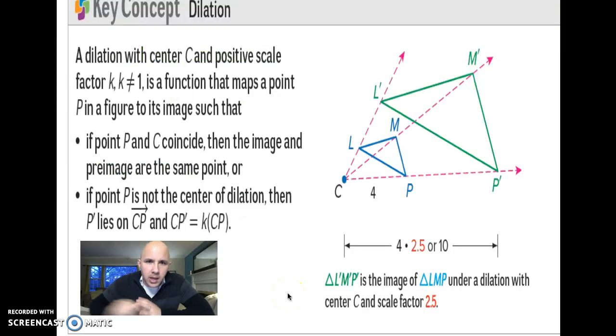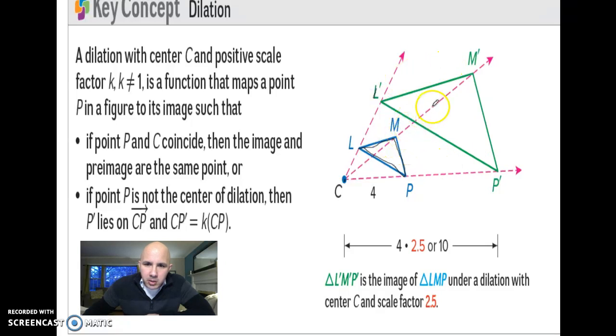For our first key concept on dilation, here's our center point C, and this is going to be our first image, triangle LMP. This image, we'll call the image for LMP. So this will be our L prime, M prime, and P prime.